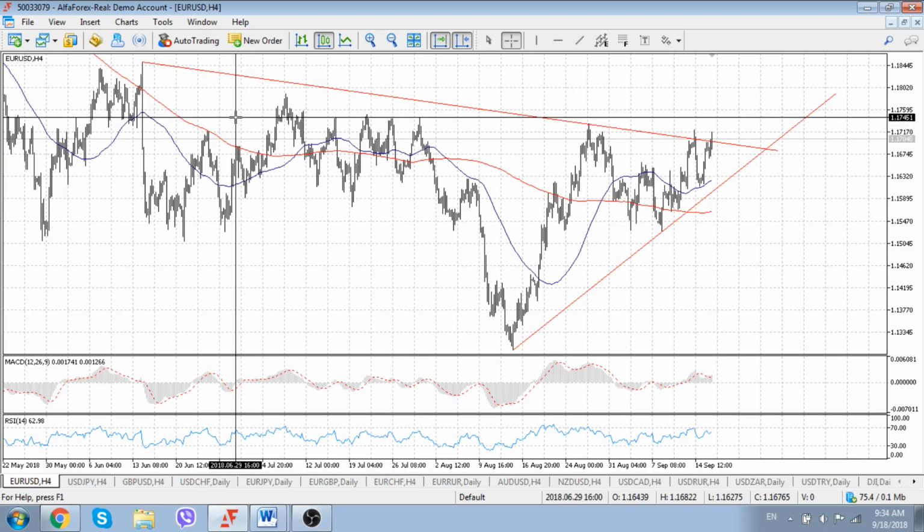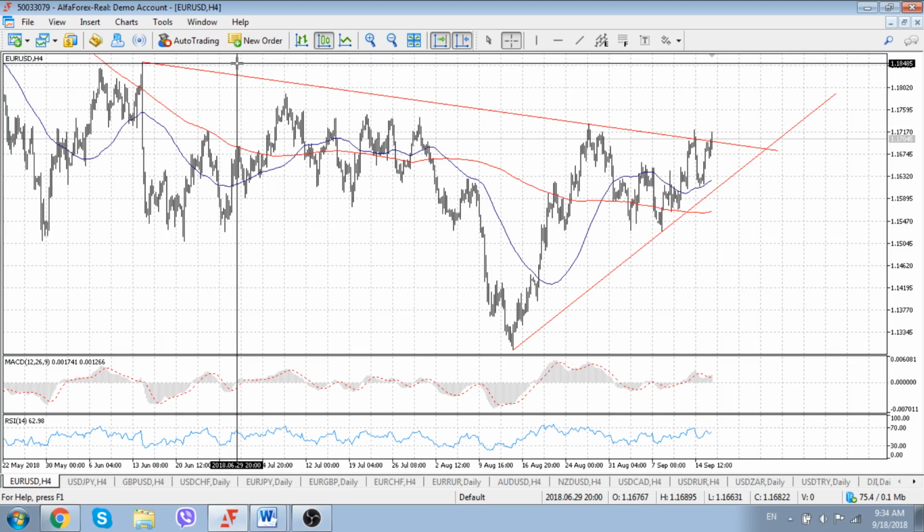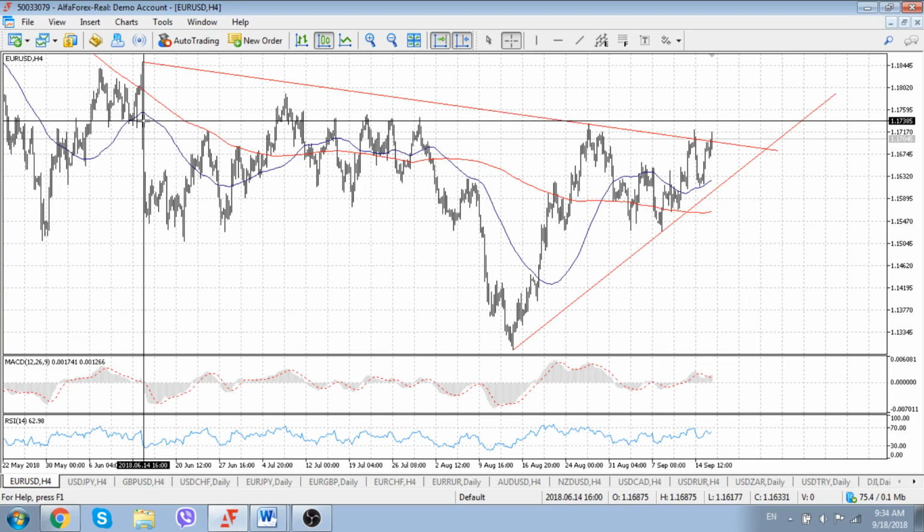Anyway, a break above that level should open another impulse higher to the highs of the middle of June, around 118.50, where lies another important upside barrier for the euro dollar right now.